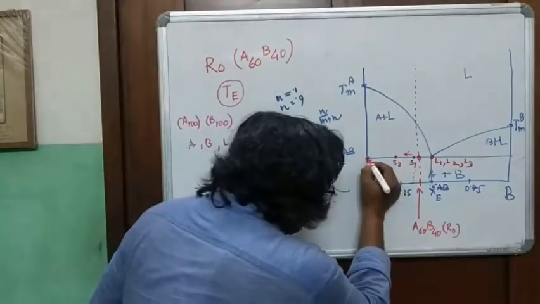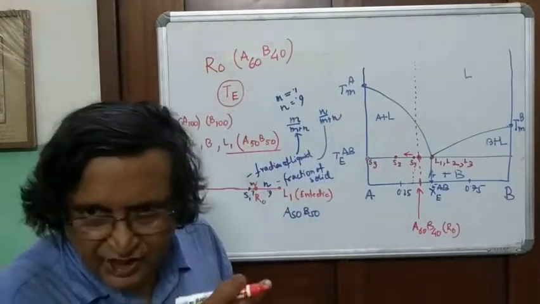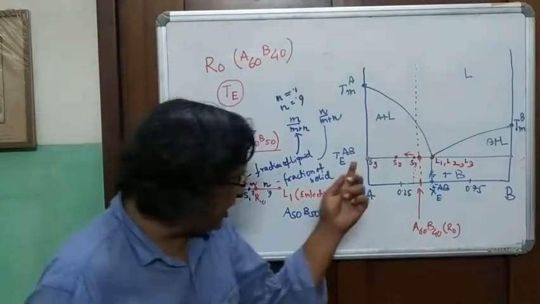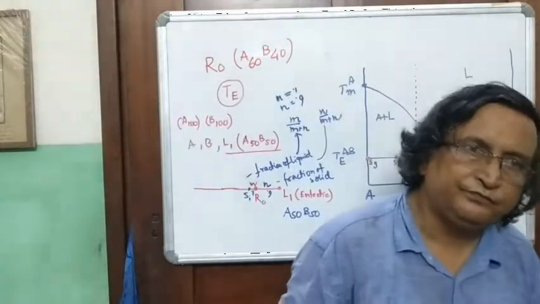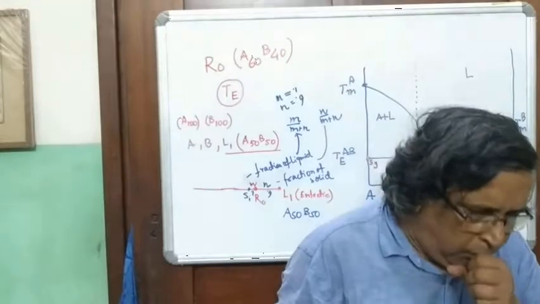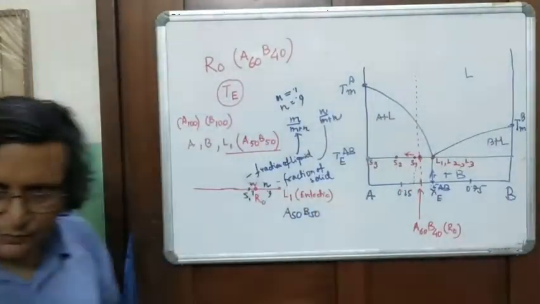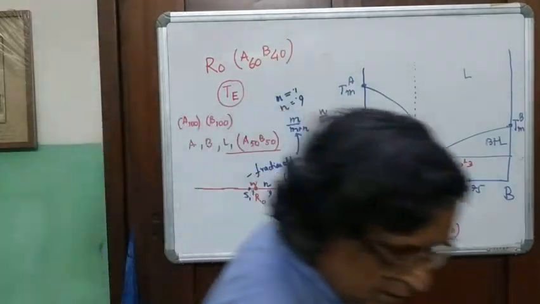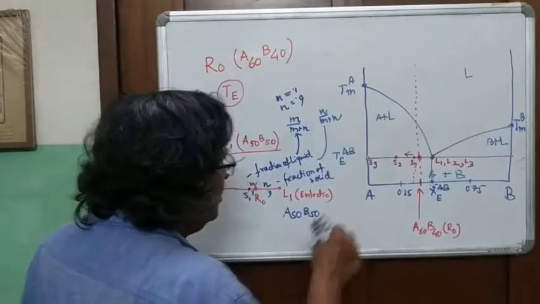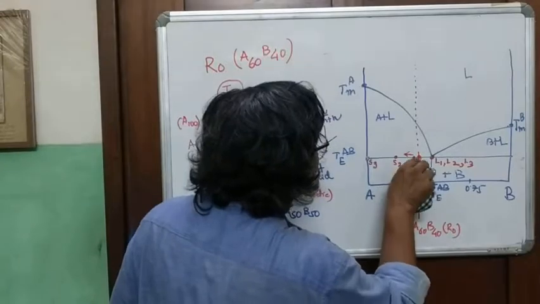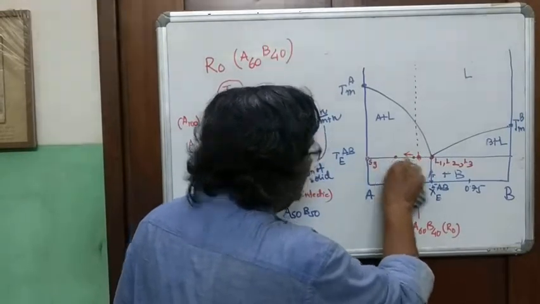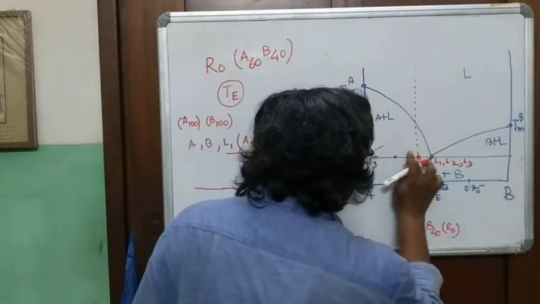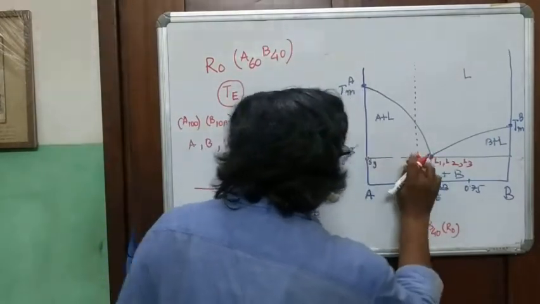But the moment you reach here, B is 0. The proportion of B becomes 0. Have you understood? When will it become 0? Now you see here.